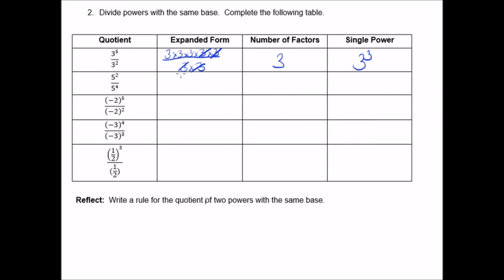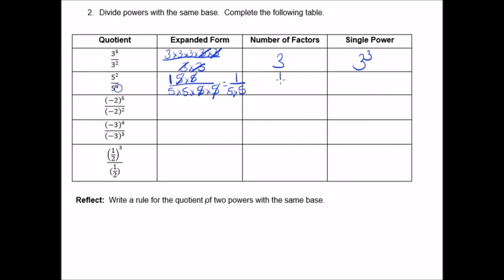Okay, so let's go 5 times 5 on the top, which is 5 squared. And then let's write 5 4 times on the bottom, because it's 5 to the power of 4. Okay, so 2 on the top, cross out with 2 on the bottom. It leaves 1 on the top. So it's actually like 1 over 5 times 5.